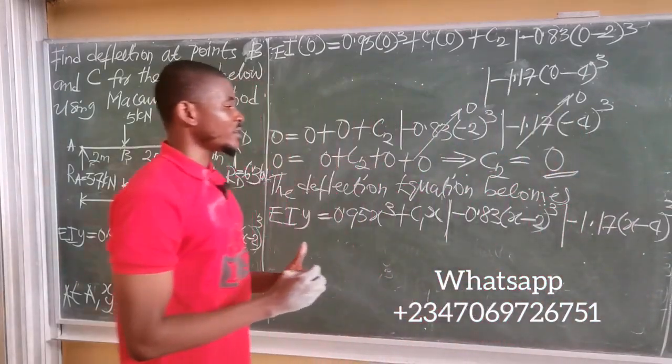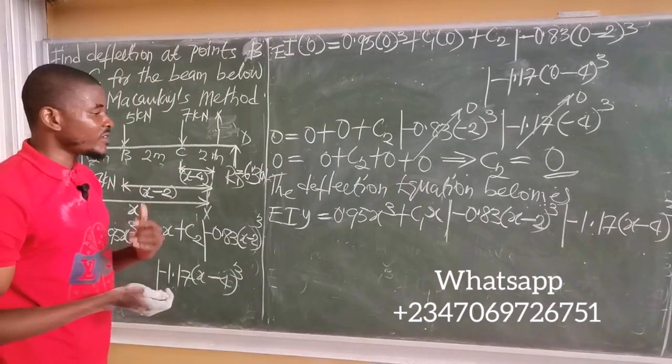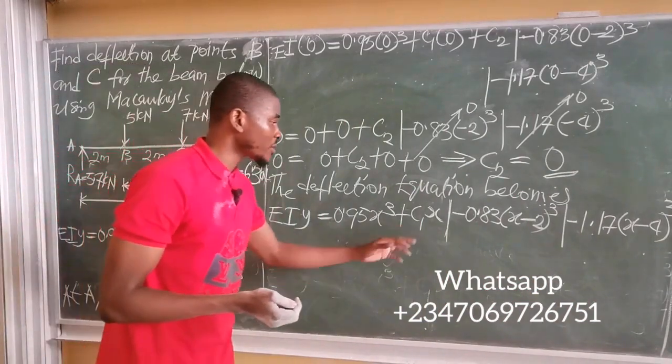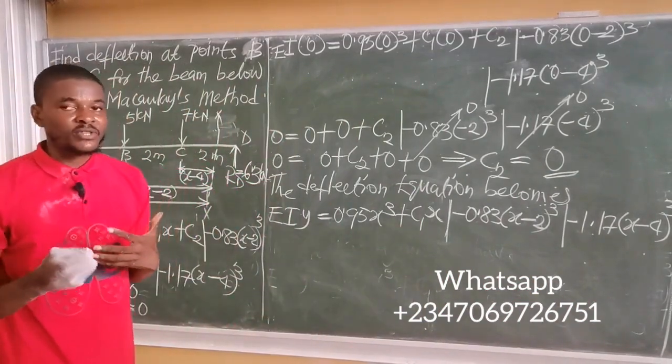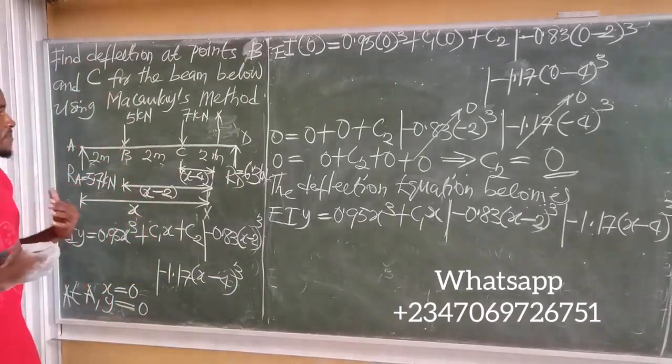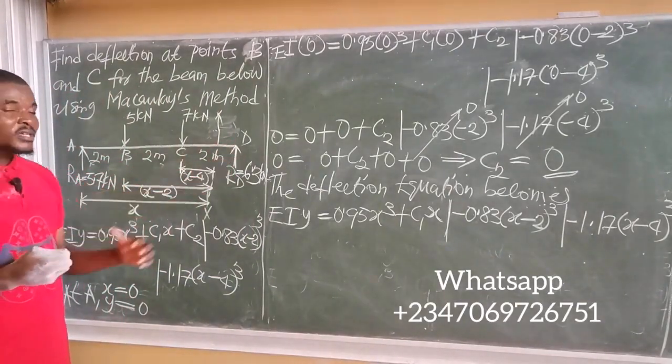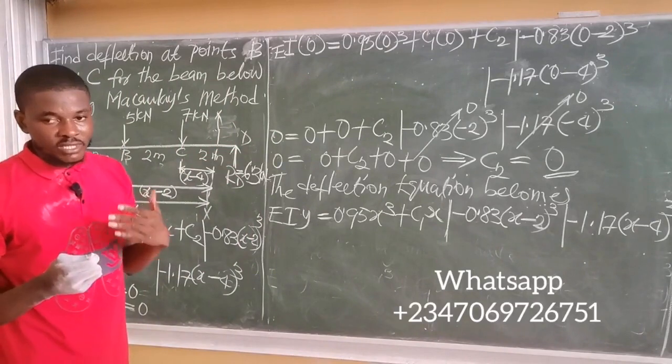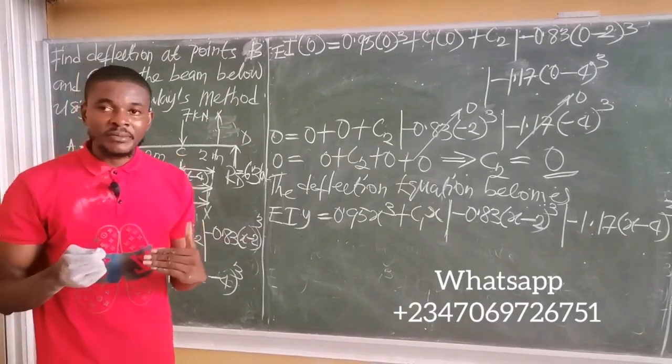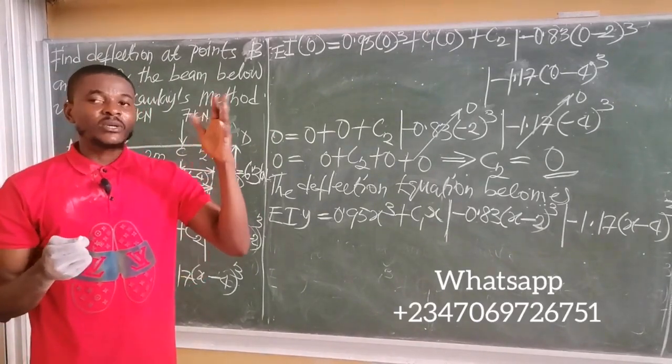So I have this. To find the first constant of integration, that is C1, we now apply another boundary condition. This time around, the boundary condition is at point D. We always take two boundary conditions. The first is at the beginning of the beam, and the second is at the end of the beam.